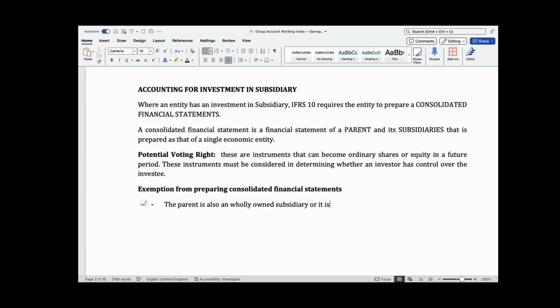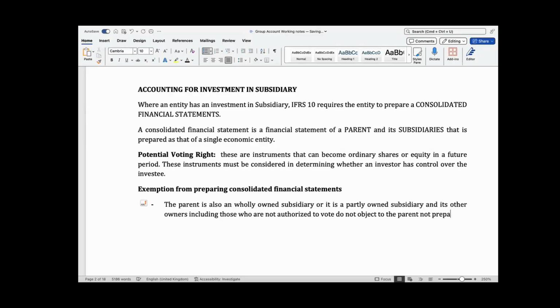Or it is a partly owned subsidiary and its other owners, including those who are not authorized to vote, do not object to the parent not preparing consolidated financial statements.